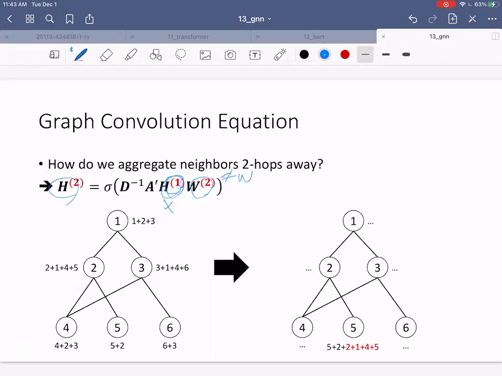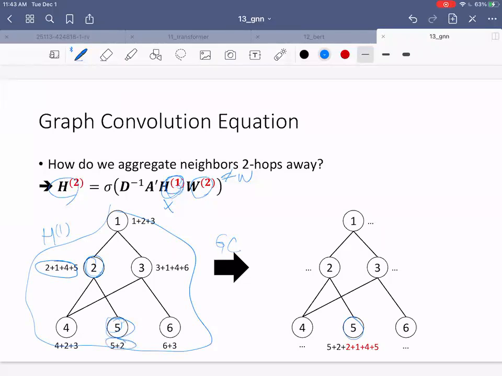The effect of this is, for example, in H1, 5 is already 5 plus 2, and 2 is already 2 plus 1 plus 4 plus 5. If you do one more graph convolution, then in 5's perspective, you need to aggregate those features of 2, which is now 2 plus 1 plus 4 plus 5, and combine it with yourself, which is 5 plus 2 now.